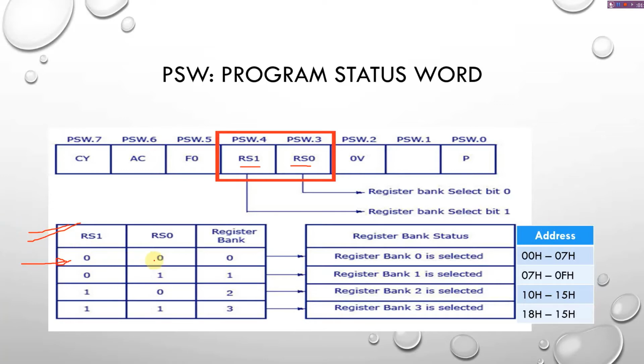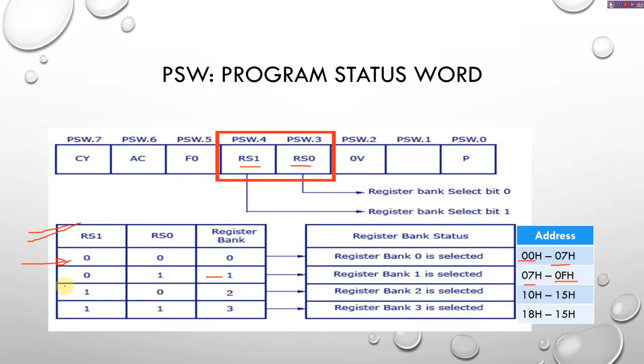So 00 in these bits will select register bank 0, which is also the default register bank. Register bank 0 occupies the addresses from 00 to 07H. Similarly, if the RS bits are 01, then register bank 1 will be selected, having the addresses from 08 to 0F.